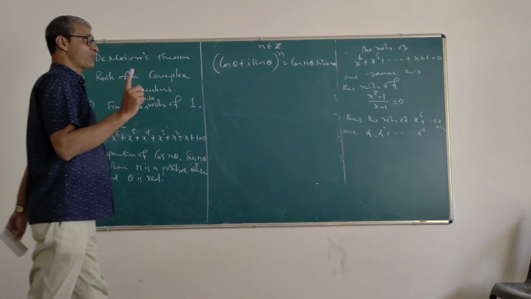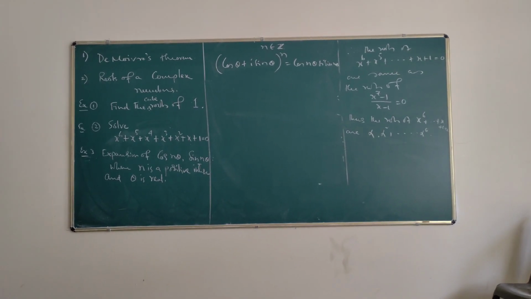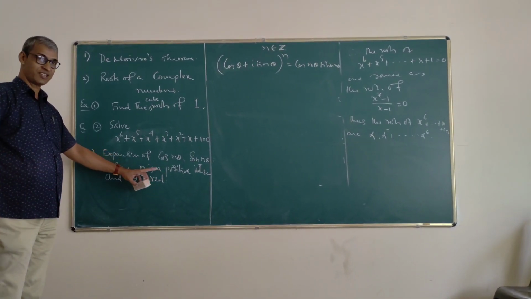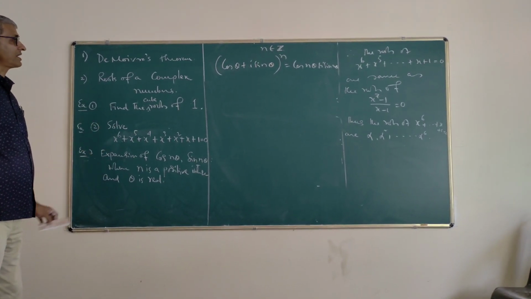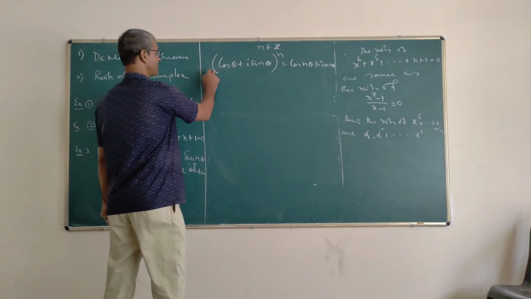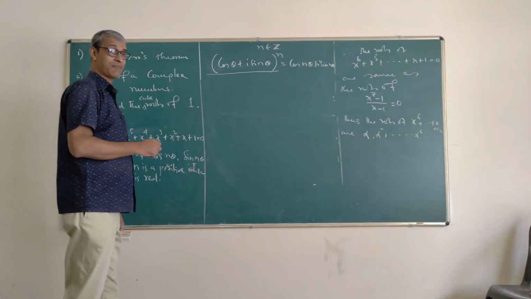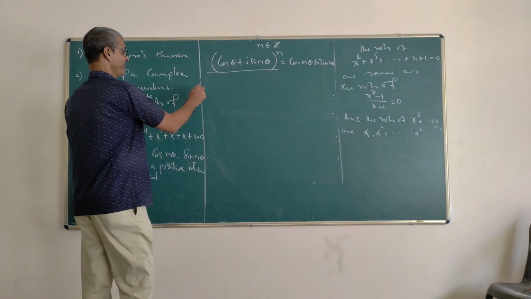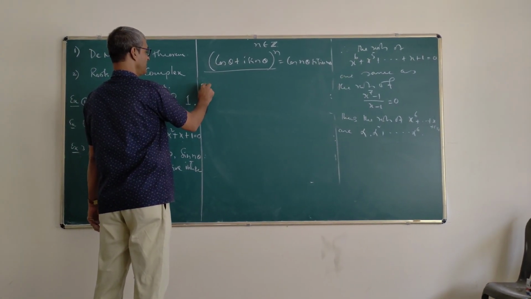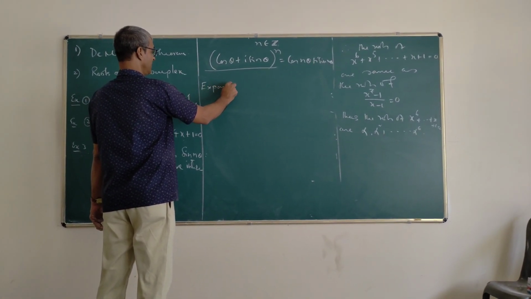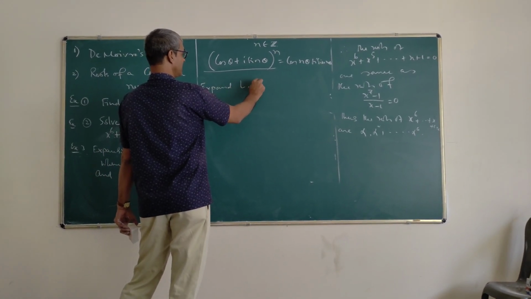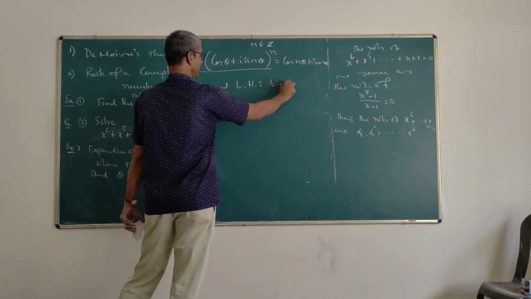We know that for positive or negative integers. Now here it is given n is a positive integer, so De Moivre's theorem can apply. Now expand the left hand side binomially.